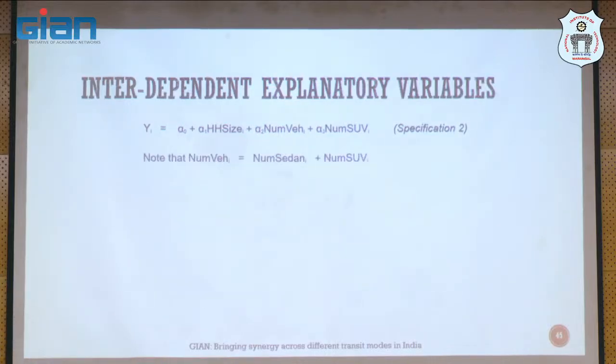Okay. Now, let's look at this specification. I'm looking at this specification where I have household size, number of vehicles, and number of SUVs. What does alpha 2 represent here? The coefficient. So what does alpha 2 and alpha 3 represent?